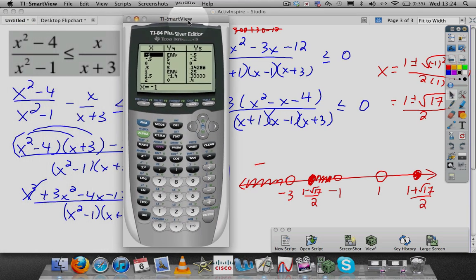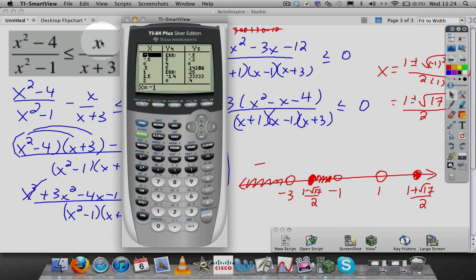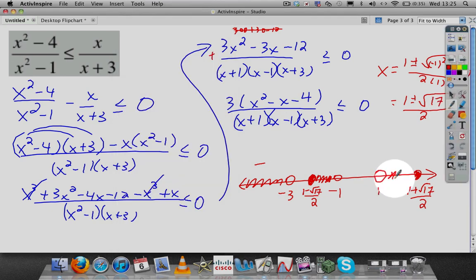Remember, what we want is for y5 to be bigger than y4. So this one is not bigger, this one is not bigger, not bigger, not bigger. So up until the value of 1, between -1 and 1, we're not interested in that region. Then, above 1, suddenly y5 is bigger than y4. Okay? So therefore, we are interested in this region here.